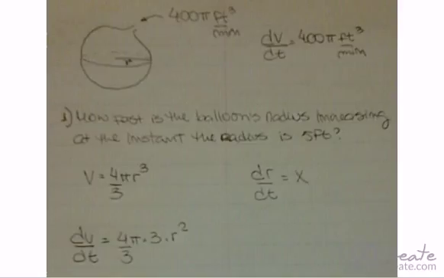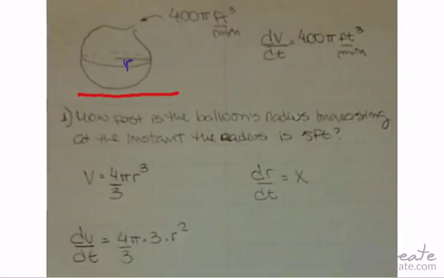So what I did here is, first of all, I need to picture what's going on in my head. I picture my balloon over here, and we have our radius over here.